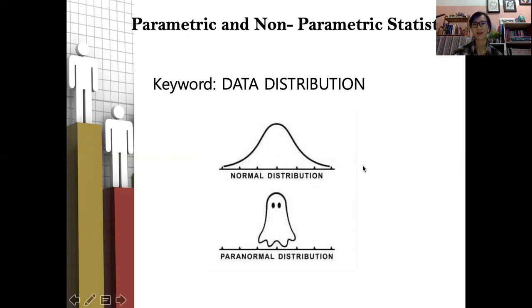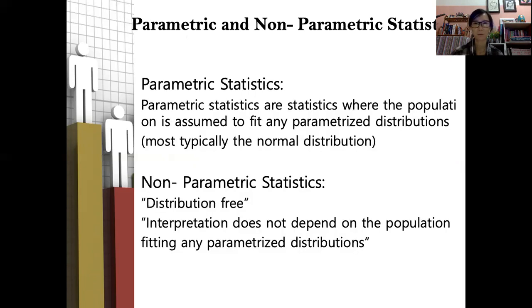Data distribution, just a fun meme to refresh your mind a little bit. Parametric statistics are statistics where the population is assumed to fit a parameterized distribution.